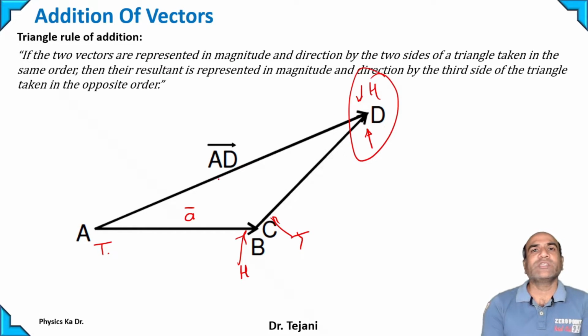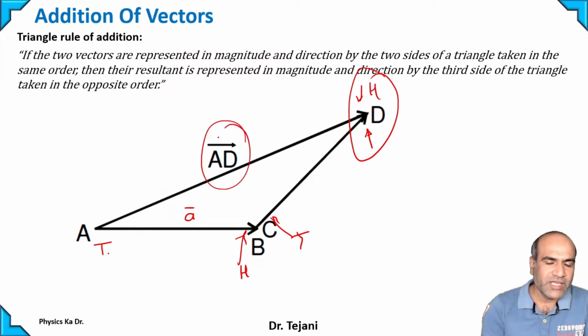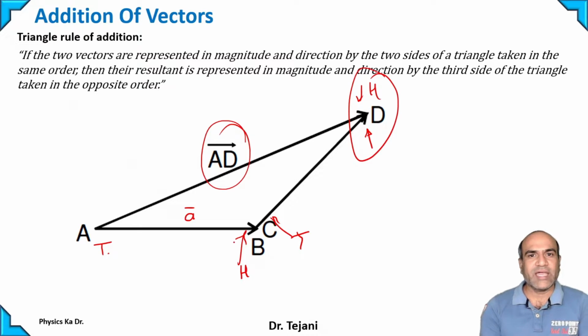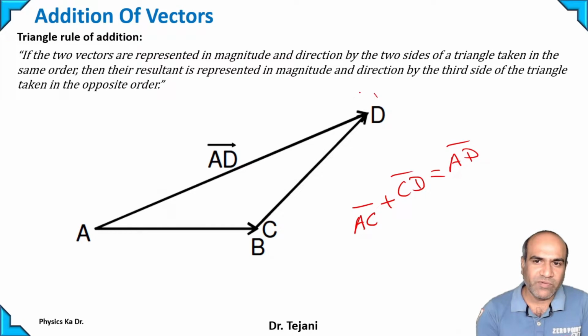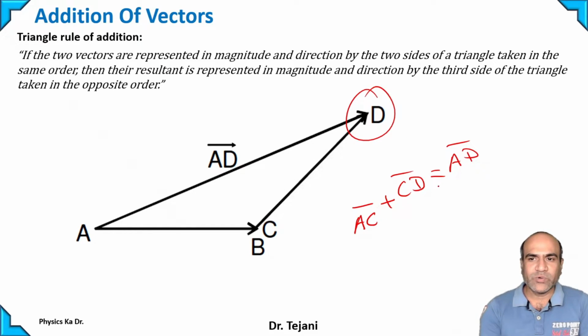So it is the opposite order, therefore this AD gives us the vector solution. That means AC bar plus CD bar is equal to AD bar. If head to head meet, you use the equal sign. If there is head to tail, that means plus.